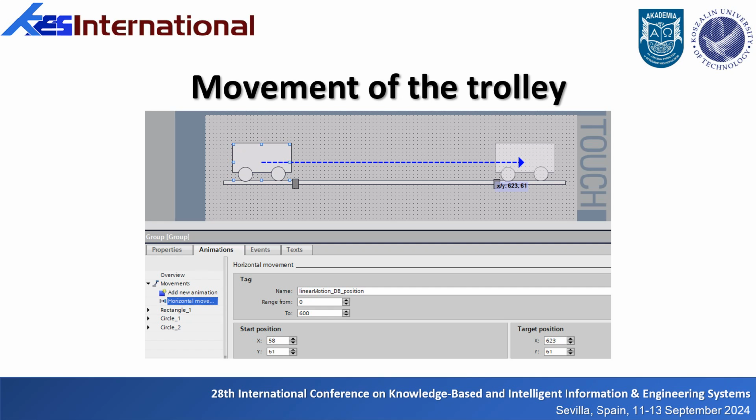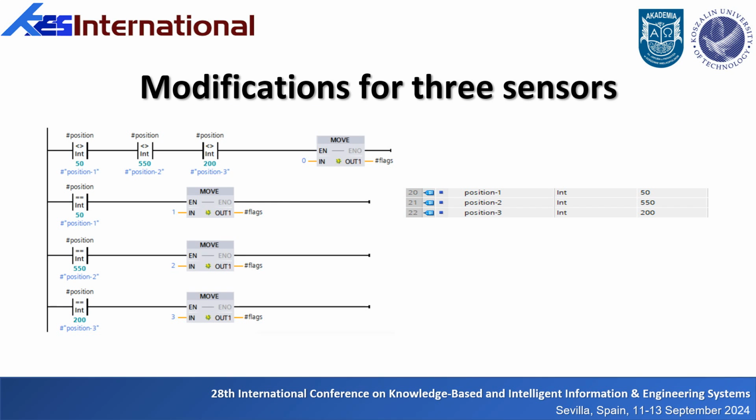This provides practitioners with insight into the consequences of their implementation of the control sequence. For the second example with a 3-position sensor, it is enough to modify the part responsible for generating information about the state of virtual sensors and change the value of the position 3 constant.